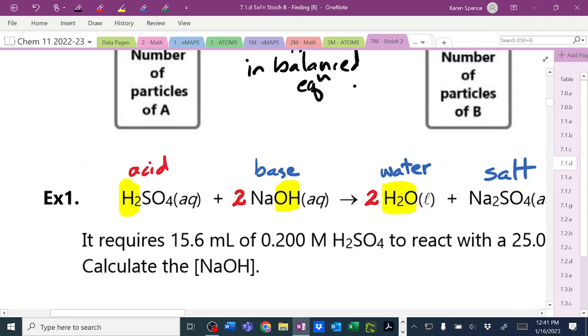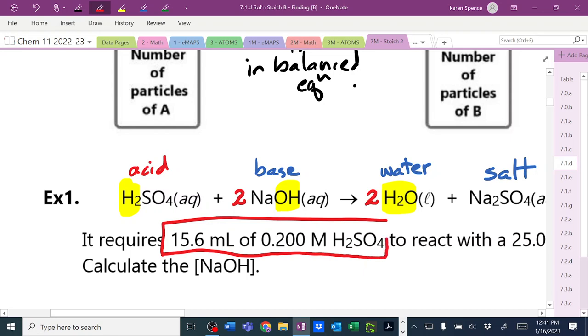Now, one thing you need to look for is we've got a whole bunch of numbers here, right? 15.6 milliliters of 0.200 molar H2SO4. So we know 2 things about the H2SO4. Not just one thing, we know 2 things. Do you remember what of means?